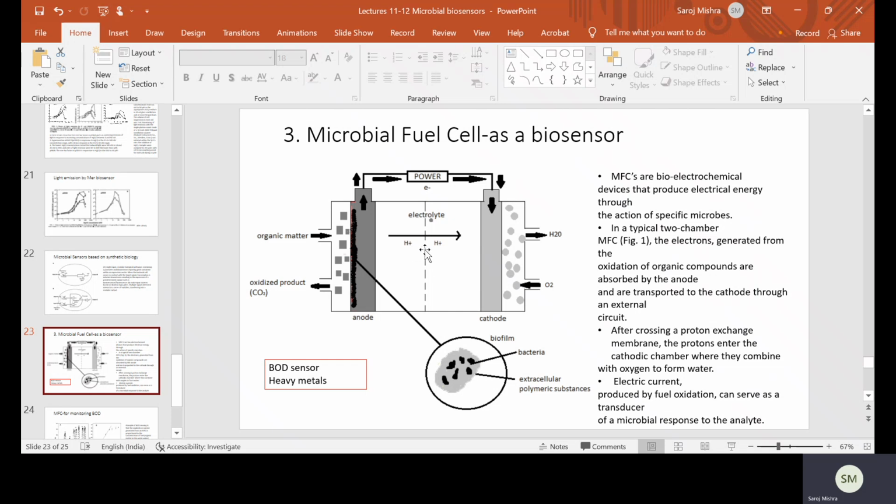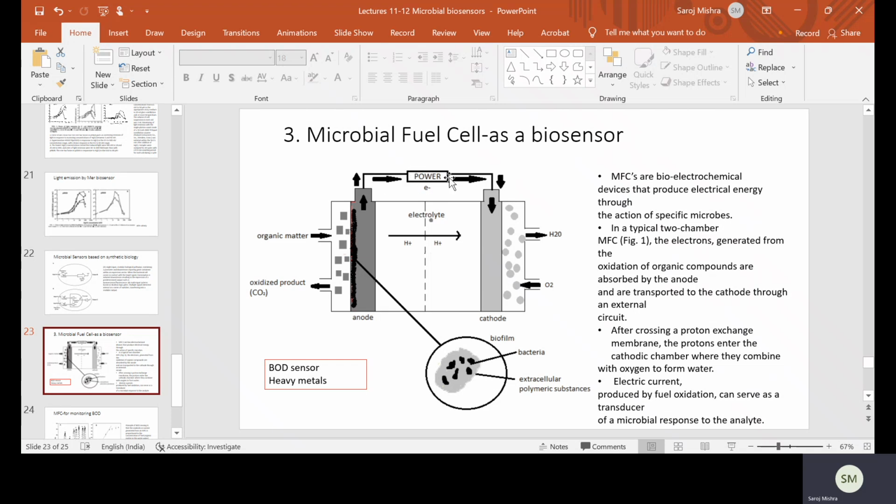So the protons are going to move to this side, and eventually you do generate a current. How much current you generate is directly a function of how much organic matter is metabolized by these very special cells, which don't internally recycle electrons, but rather throw out these electrons. They are a special group of bacteria.